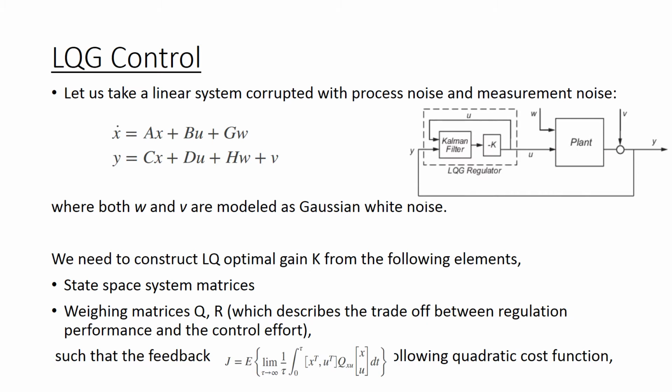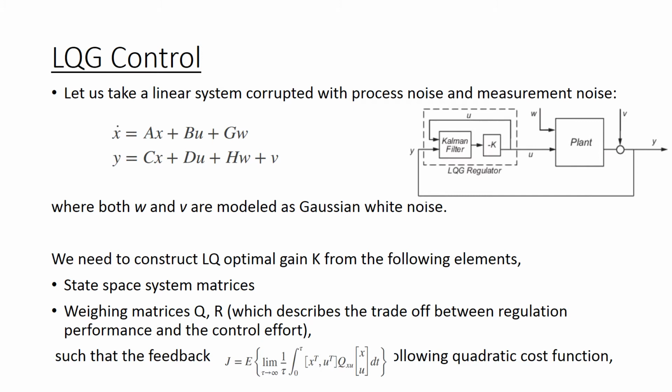Under these situations, when the system is operating in a noisy or stochastic environment, we can use the Kalman filter to correctly predict the estimated states of the system, and we can use the LQR as a feedback regulator to place the poles of the system at the desired location.